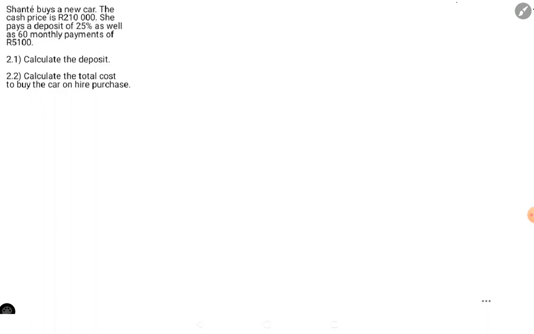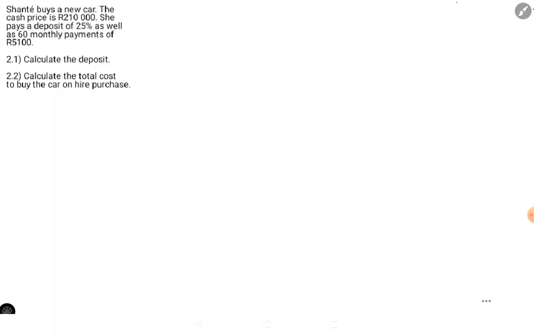Then she says, okay, let me put down a payment of 25%. So if you want to pay 25% of a specific amount, that means that's going to be subtracted from the total amount that you're going to be paying for the remainder of the period, right? So now she says, let me pay 25% of this amount. So firstly, let us start with the calculation.